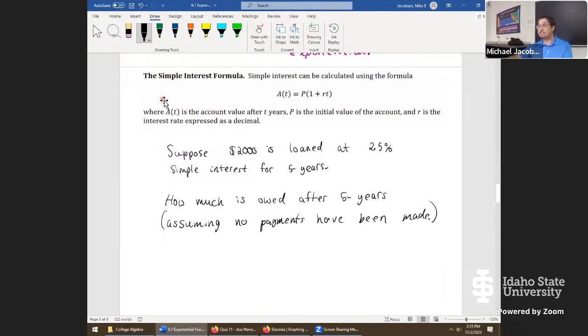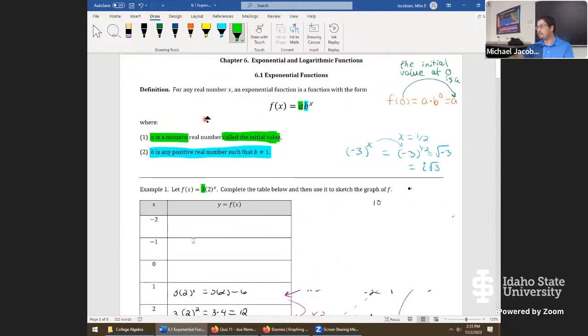First, let's break down what this formula is saying. A of t is going to be the account's value after time t. So for us, it's going to be the amount owed from the original amount of 2,000. P is going to be the initial value, and that initial value starts looking a lot like the initial value familiar from the notes.